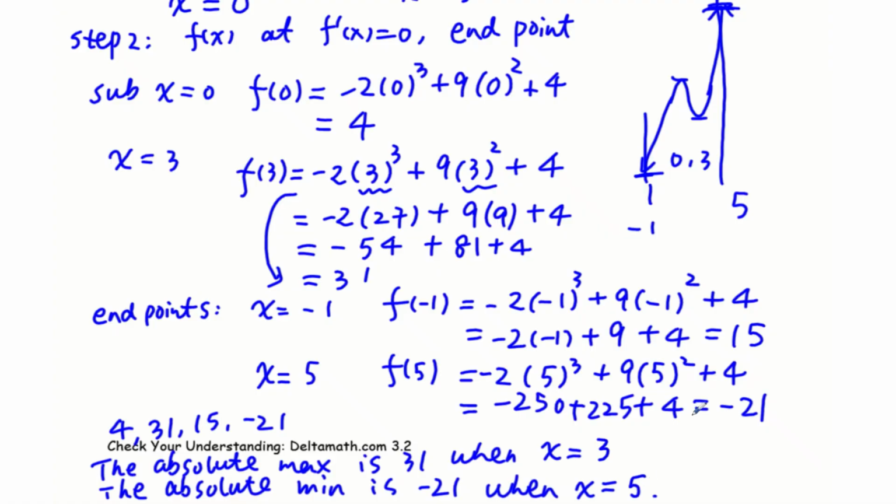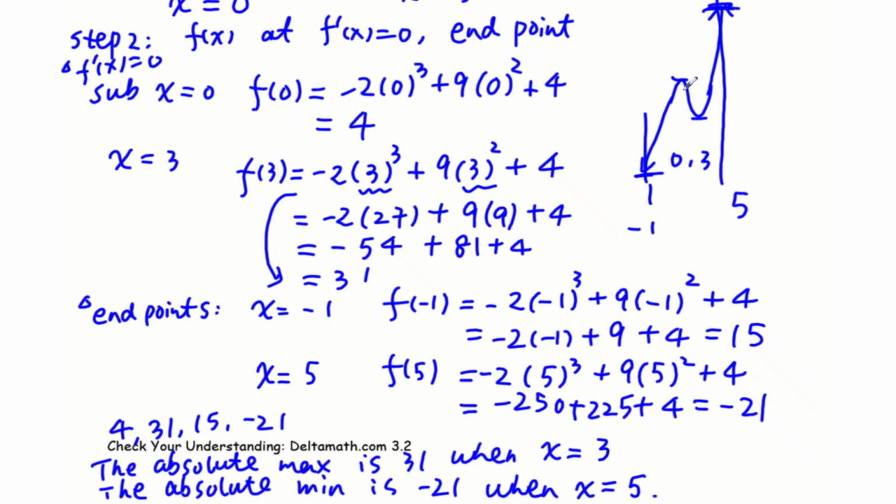So this is how we find the global maximum and global minimum. So you need to find the y value at the points where f prime x equals 0, and also the y value at the endpoints. Then you compare all those points.